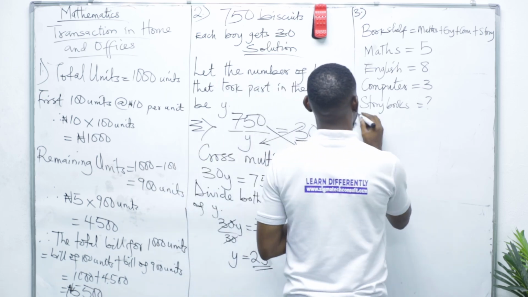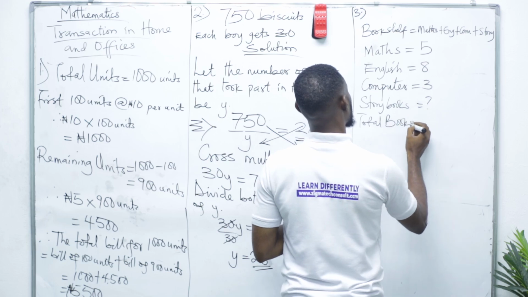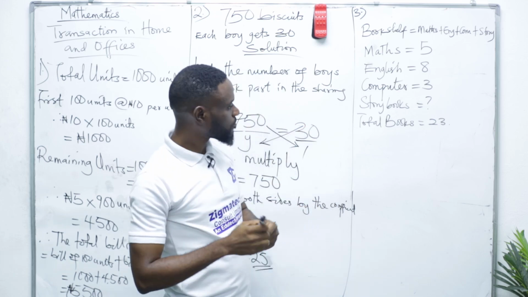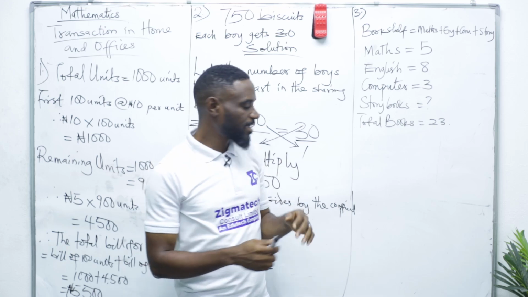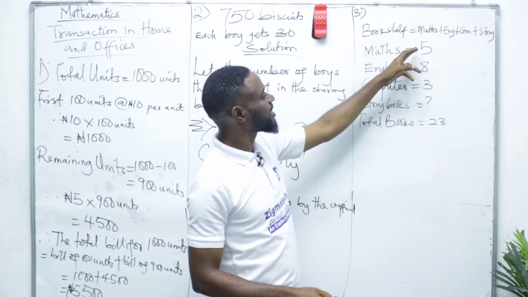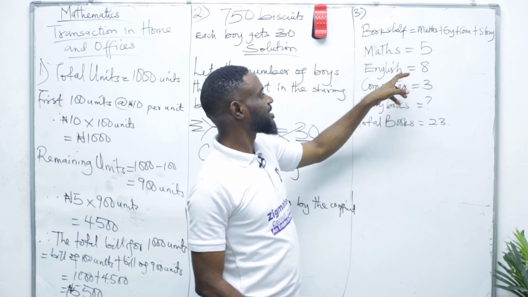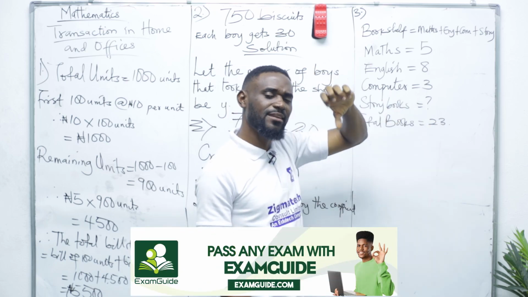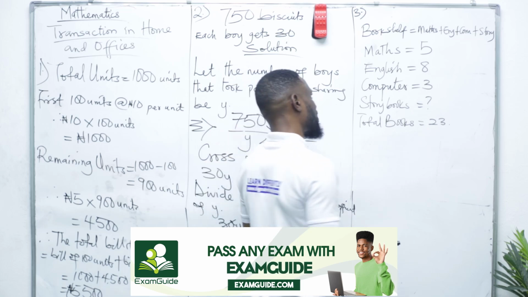However, total books, 23. So to get the storybooks, add everything that we know, that is the maths, the English, and the computer together, and subtract it from the total books. The remaining, they are all storybooks. So let's know the figure of the number of storybooks that we have there.